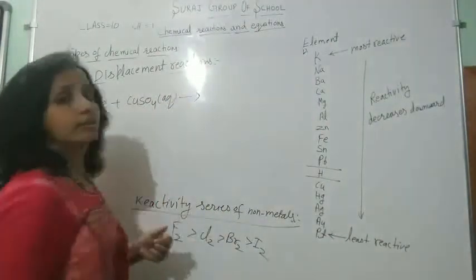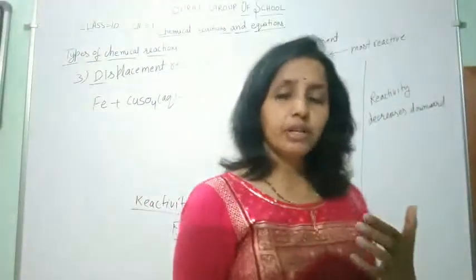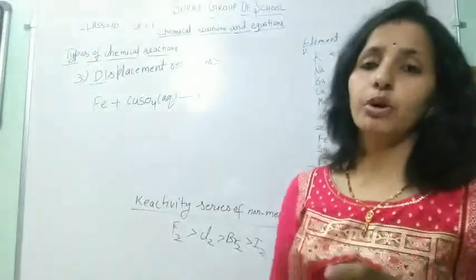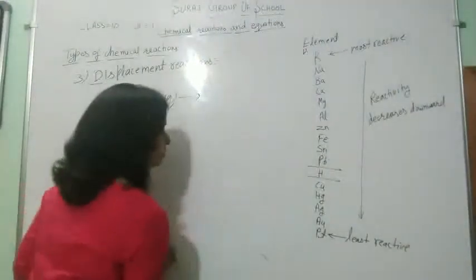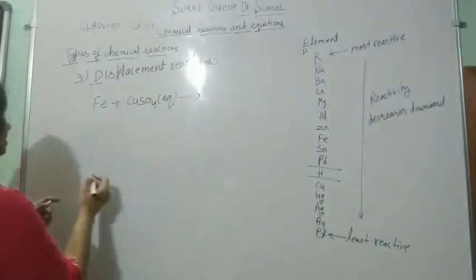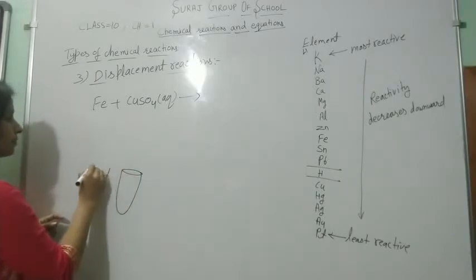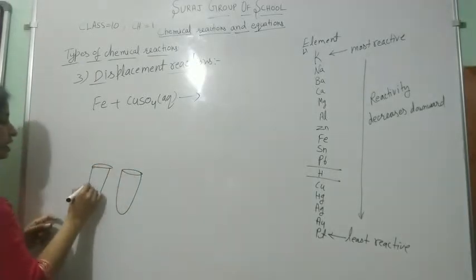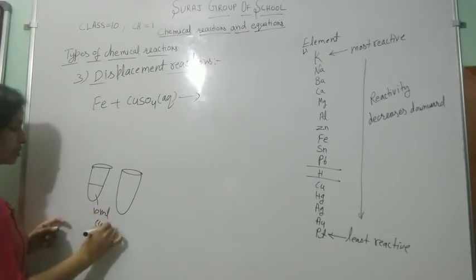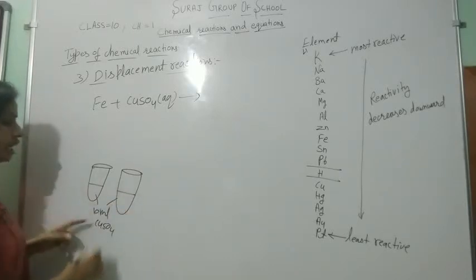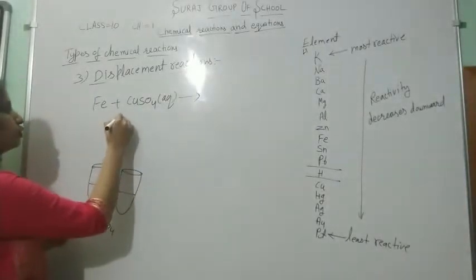We take two test tubes and add 10 ml of copper sulfate solution in both test tubes, and we take two fresh iron nails.